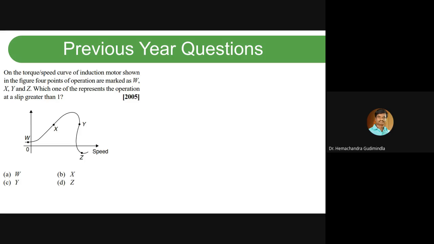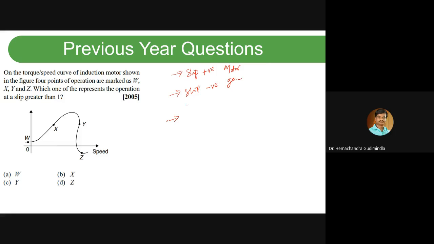Now on the torque speed curve of an induction motor, in the figure, 4 points of operation are marked as W, X, Y and Z. Which one represents the operation at slip greater than 1? If slip is greater than 1, we have three modes of operation. One is slip positive for motor, slip negative for generator.